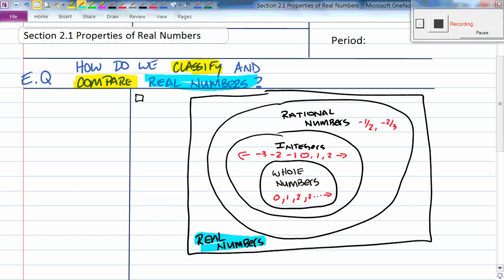So, let me ask you a question. The number 1, is it a whole number, yes or no? This is a level 1 question. The number 1, is it a whole number, yes or no? Yes. Is it an integer? Yes. Is it a rational number? Is it a real number? Yes. Very good. Okay. The number 0, is it a whole number? Yes. Is it an integer? Yes. Is it a rational number?